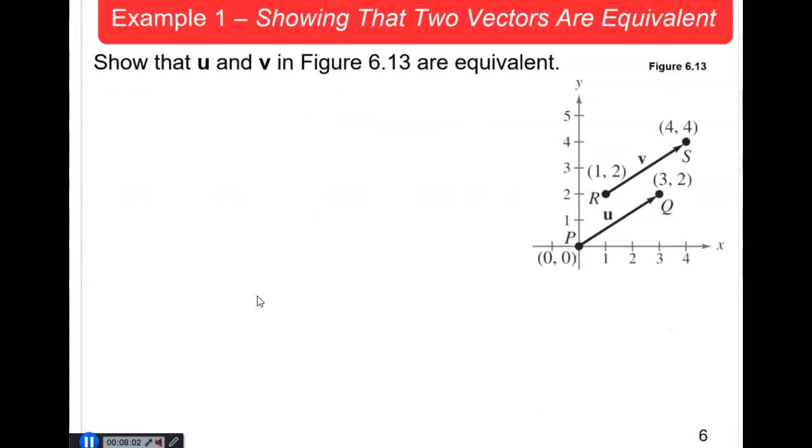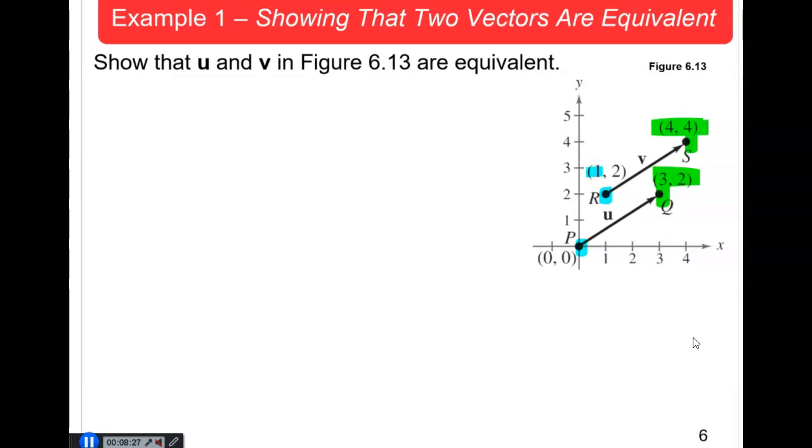Okay, so we have our first example here, and we have two vectors. Each line segment represents a vector. You can see their initial points will be here and here, and then their terminal points will be here and here. And so the coordinates are also visible there.